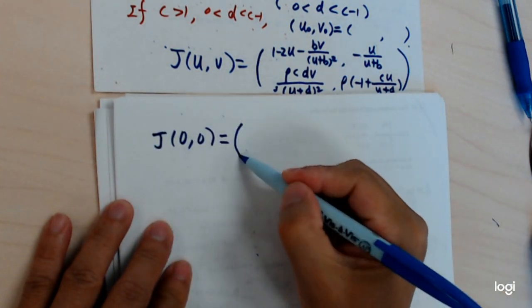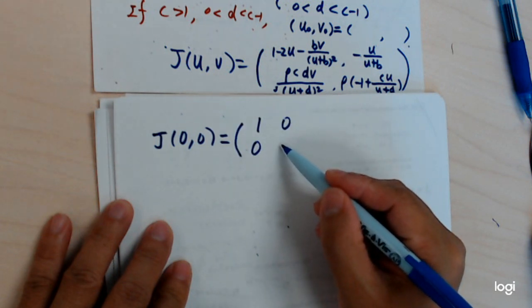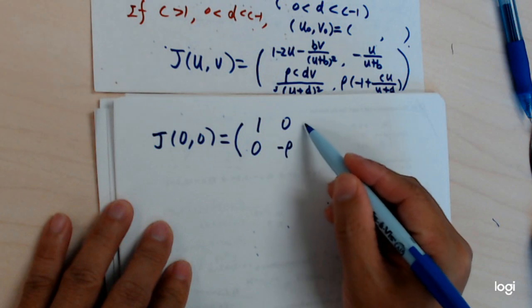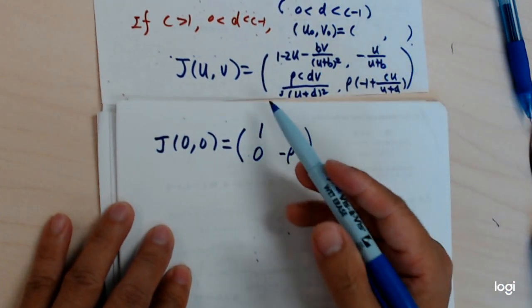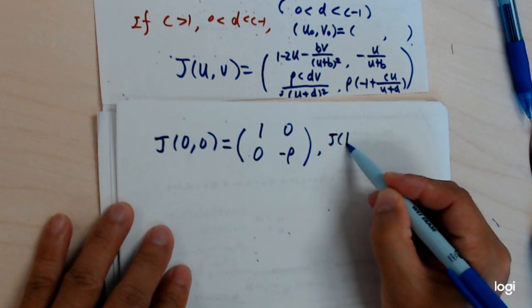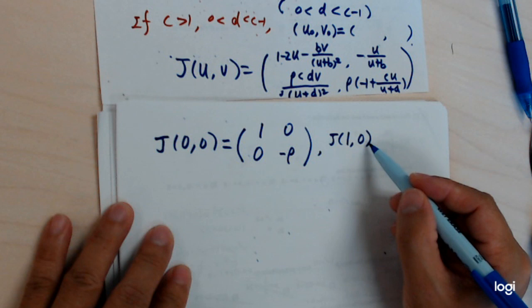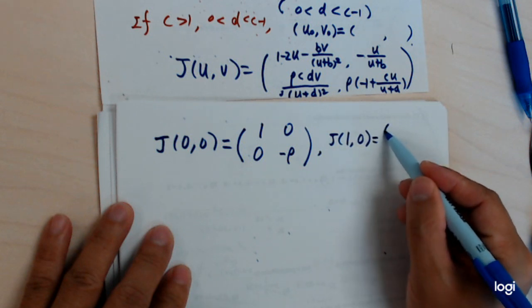0, 0, 1, 0, 0, negative rho. All right, that is when u and phi are both zeros. The Jacobian matrix at where the predator phi is 0 is this matrix.